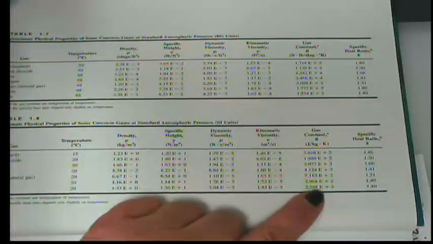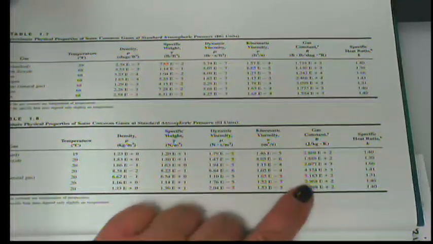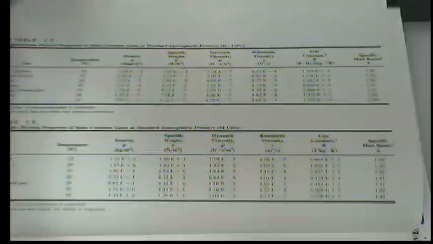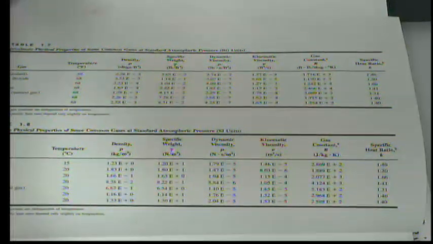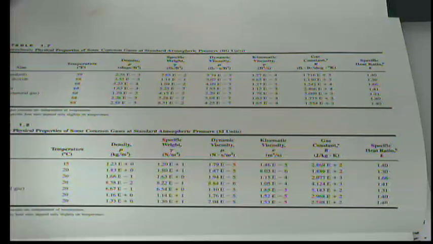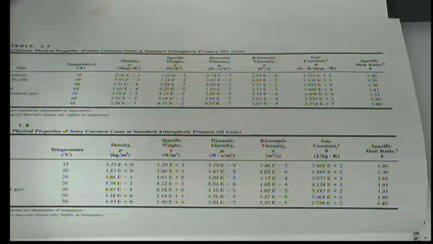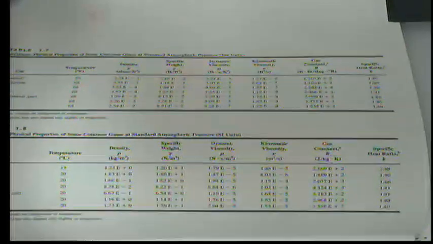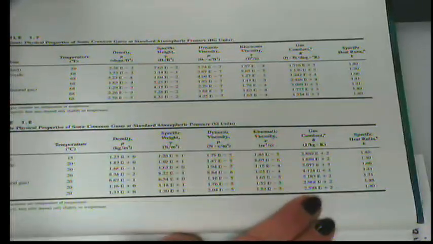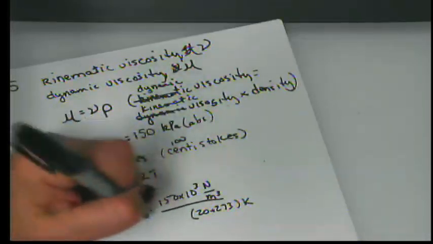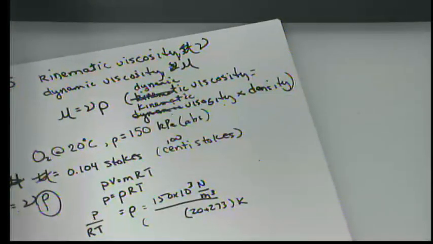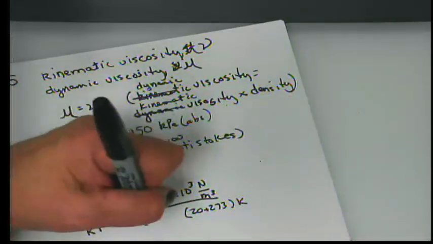We're told in this problem that we are dealing with oxygen, so we could use the gas constant for oxygen, which is 2.598 times 10 to the second.